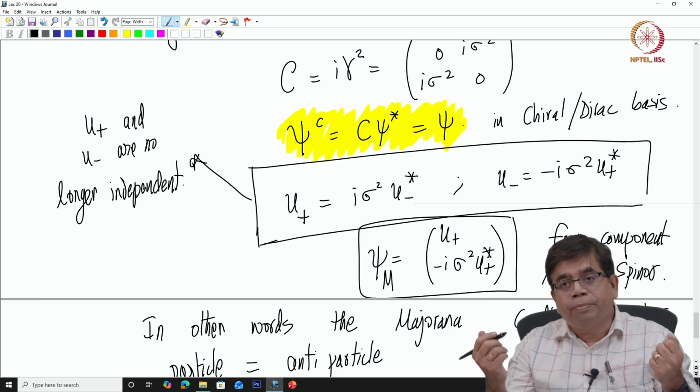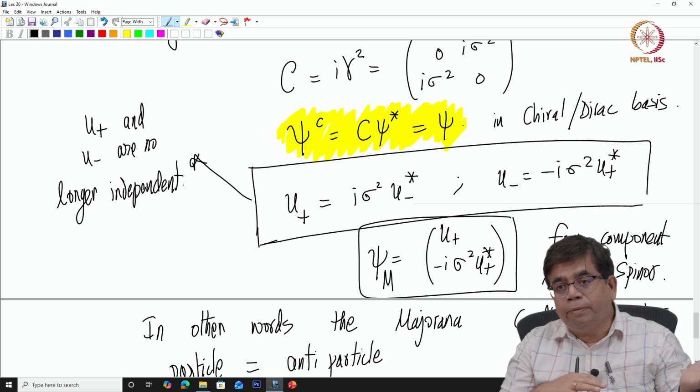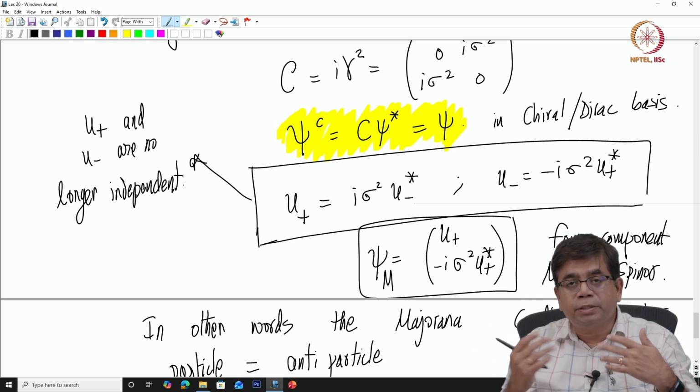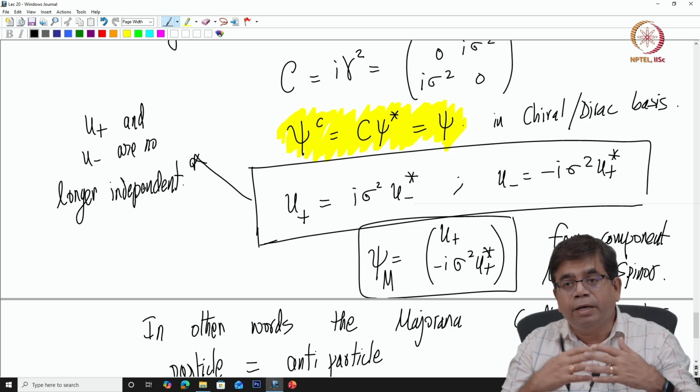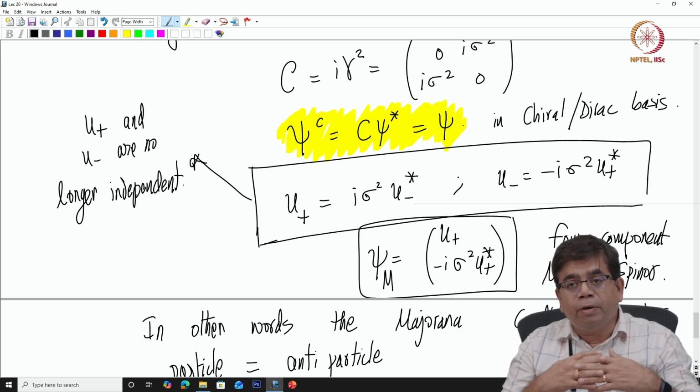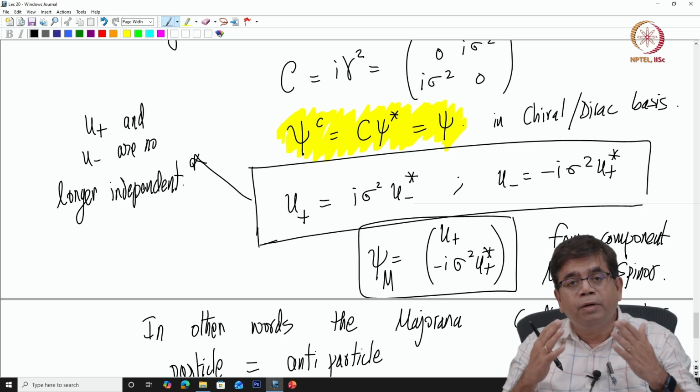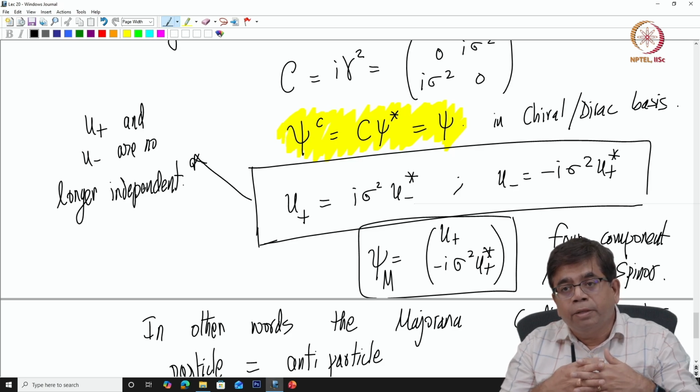It says that the left-moving and right-moving particle spinor solutions are no longer different, because the antiparticle is equal to the particle. So, you independently have only one condition. The particle and antiparticle are the same.